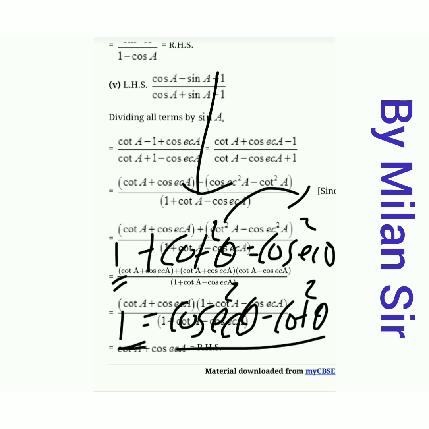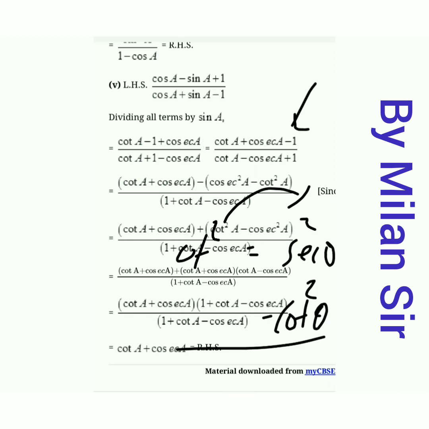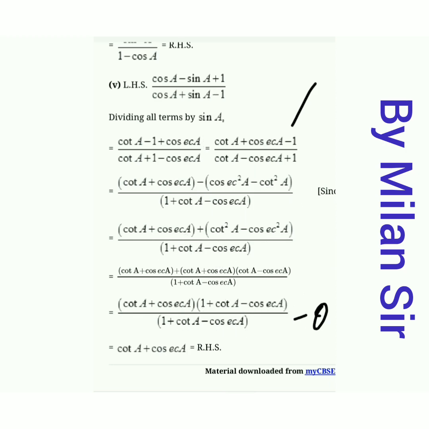So put this value here in place of 1, cosec square A minus cot square A. So the first bracket as it is, then the negative sign, so minus, and the value of 1 is cosec square A minus cot square A. Denominator as it is, cot A minus cosec A plus 1, but right now the order is changed: plus 1, then plus cot A, then minus cosec A.